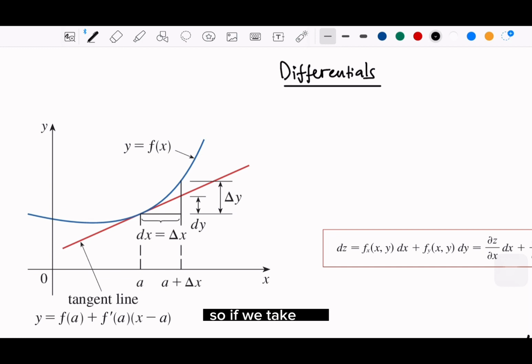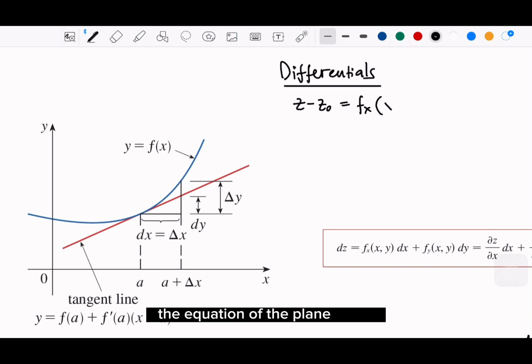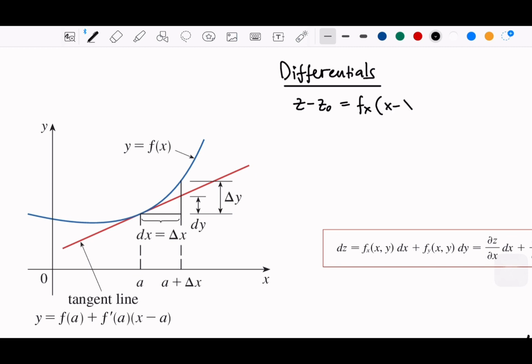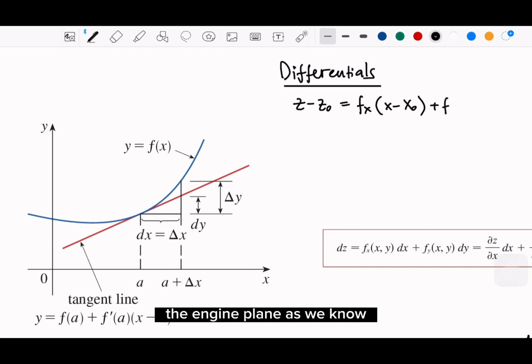So if we take the equation of the plane in our partial derivative, or the tangent plane, as we know, we can write it like this, right?